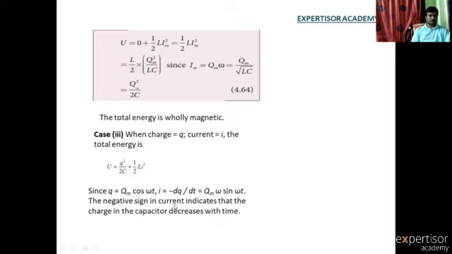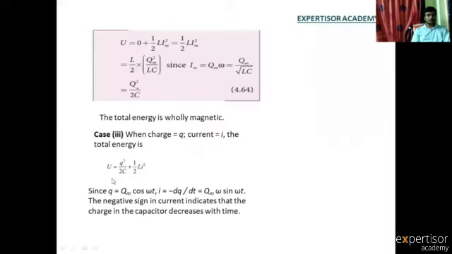The negative sign in the current indicates that the charge in the capacitor decreases with time.